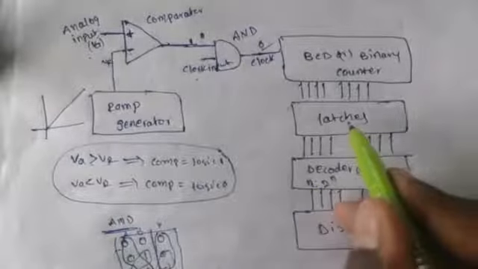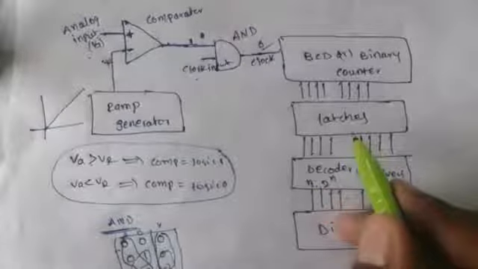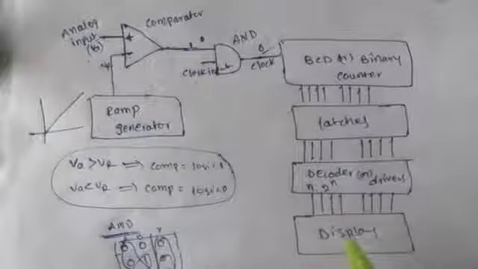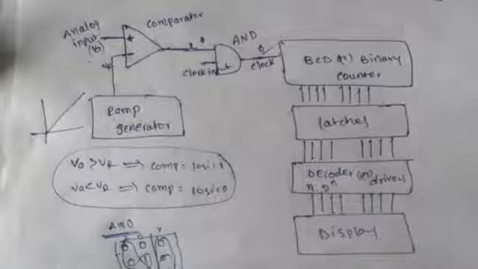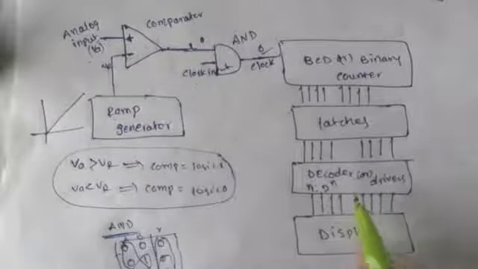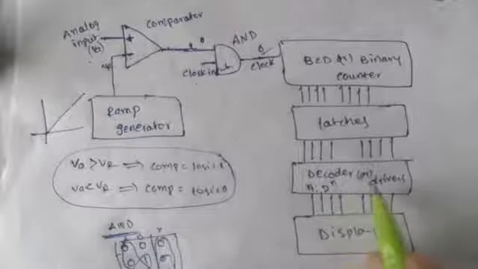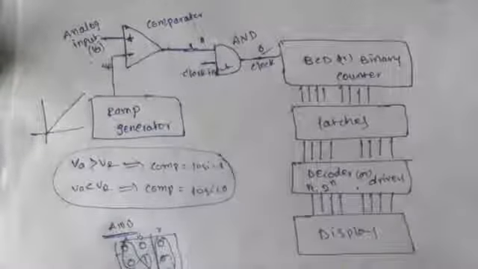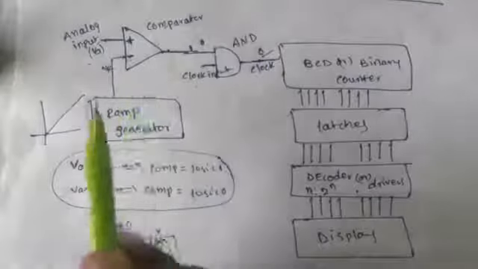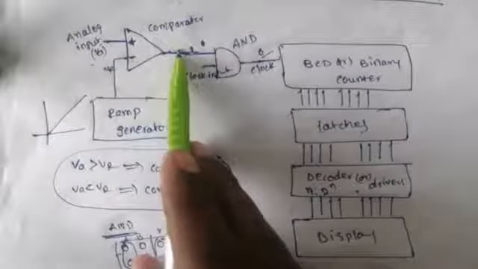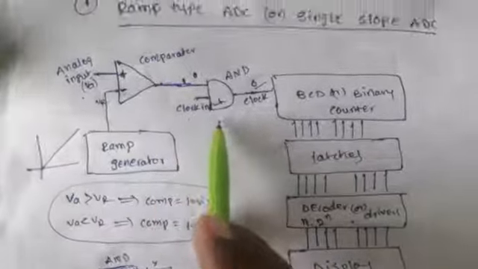The latches have different input output ports, and the display unit also has different input output ports. So for matching these two, we connect a decoder or driver unit. This works as an impedance matching circuit. Simply see here, these two are compared and the output of the comparator will be connected to the AND logic.